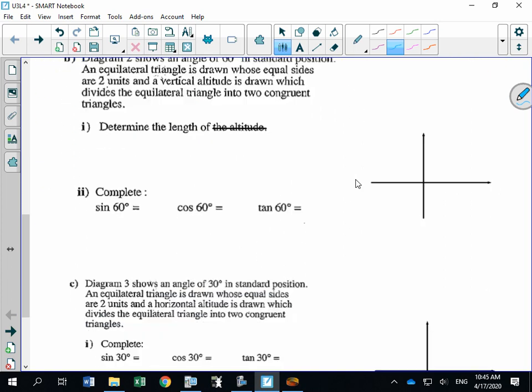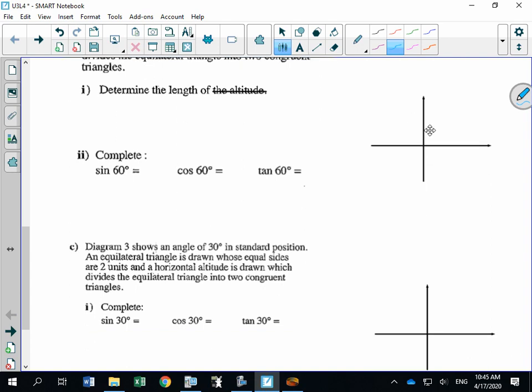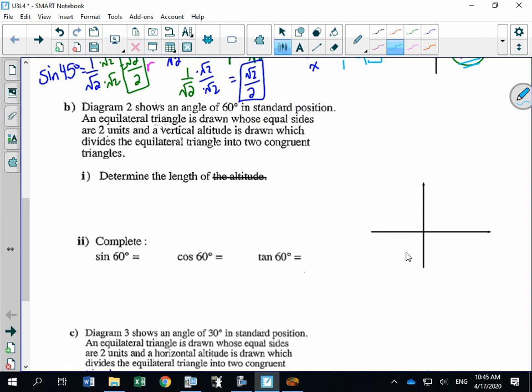Okay, so I've changed the questions in your book. I just want you to draw somewhere in your workbook 2 Cartesian planes. And we're going to now do the other 2 special triangles. And the other 2 special triangles, they are the 30, 60, 90-degree special triangle.